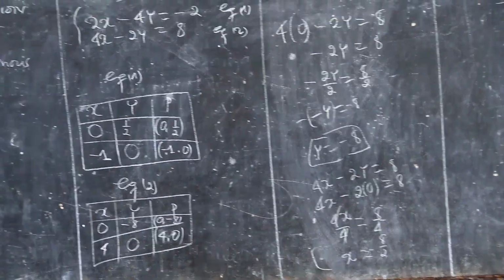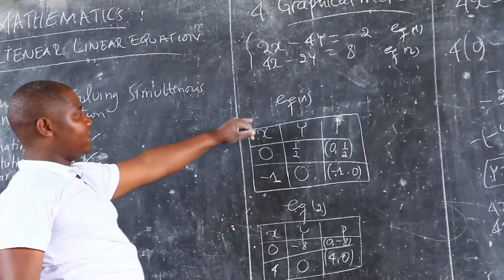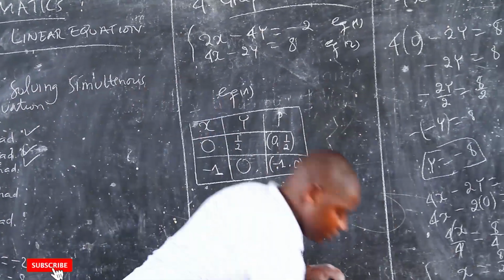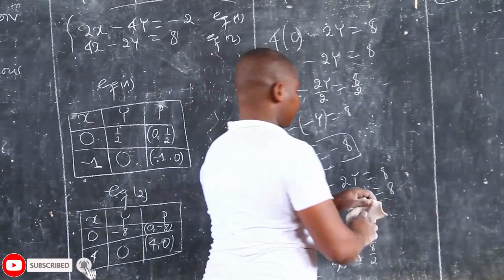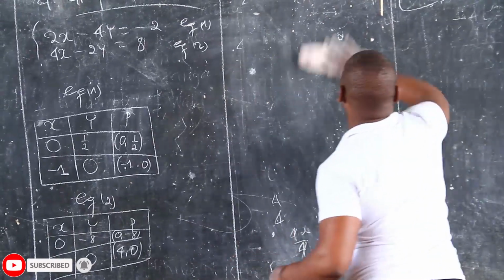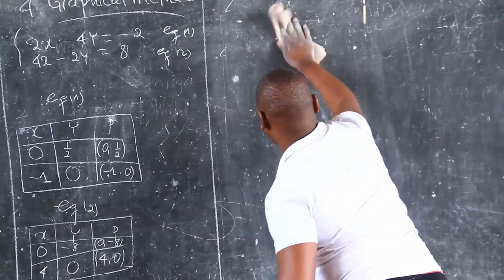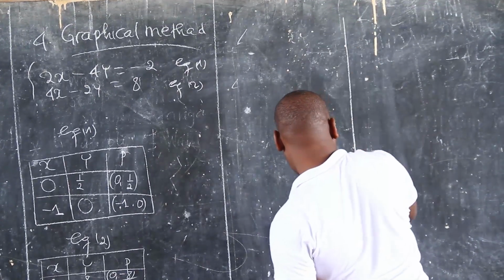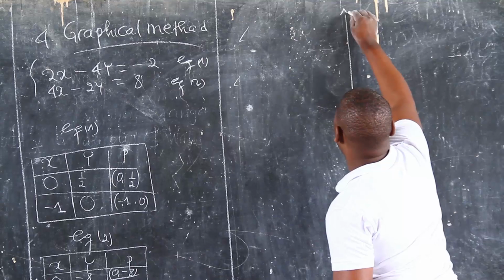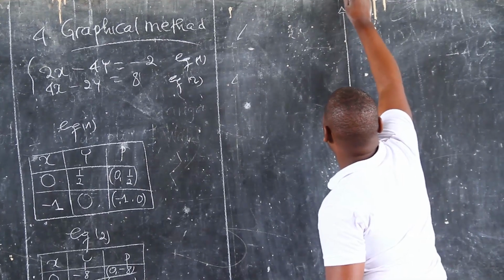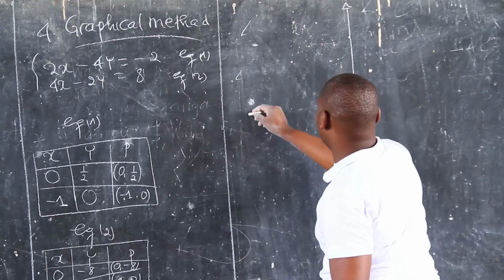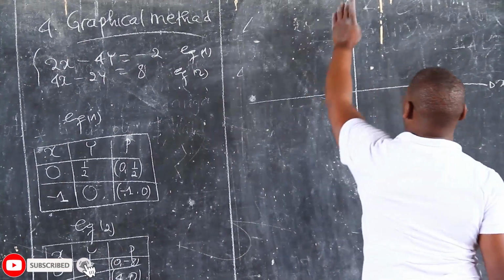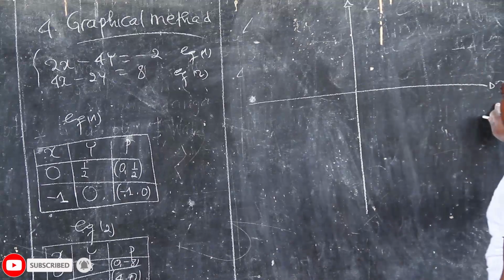After finding that, I have a coordinate in equation number 1 and a coordinate in equation number 2. Now let us use the graph. In the graph, we have the y axis and the x axis.